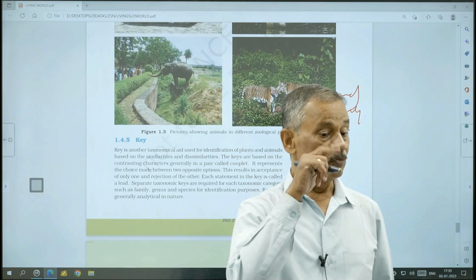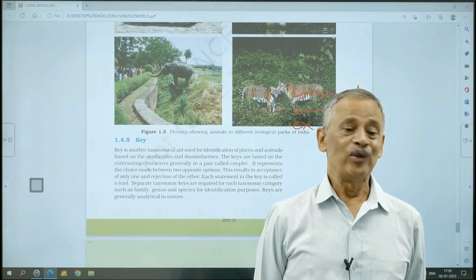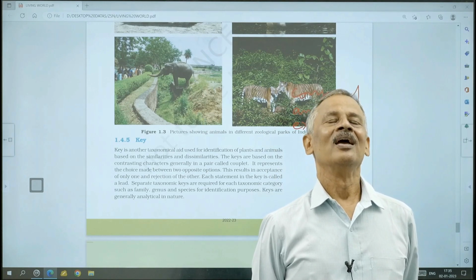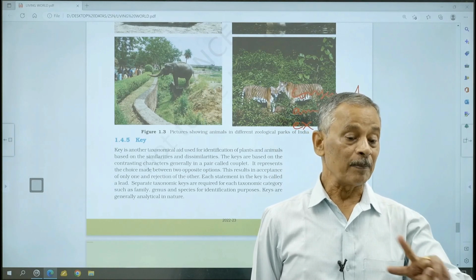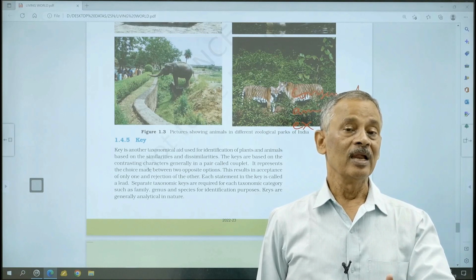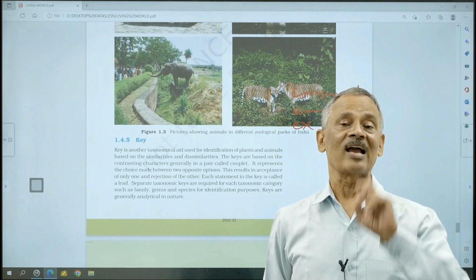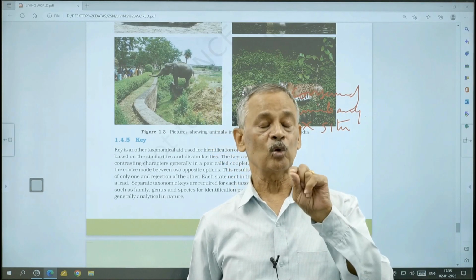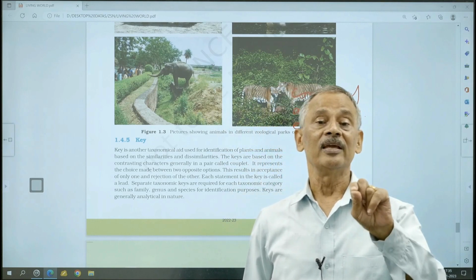But one important point, you cannot identify all the 7 taxa with one key. We have to use separate keys for determining each taxon. Say, for example, you want to know the family of a plant, you have to take the family key.